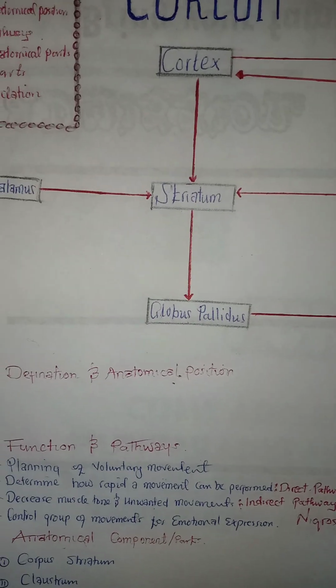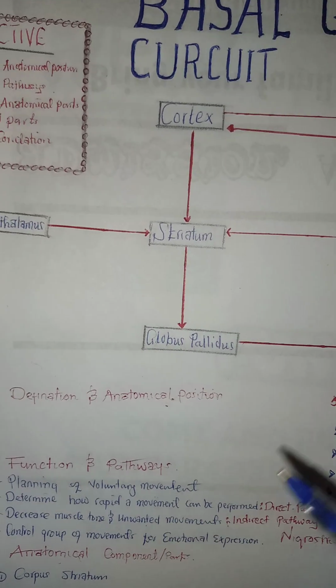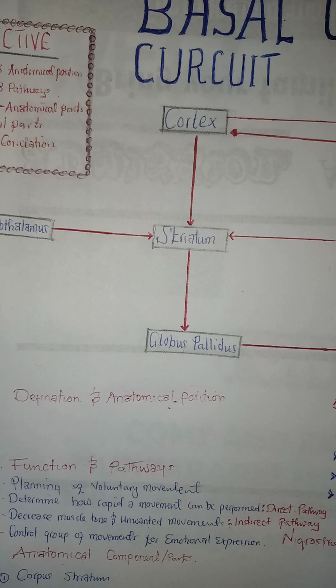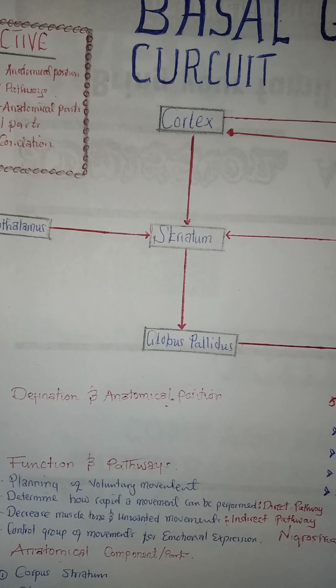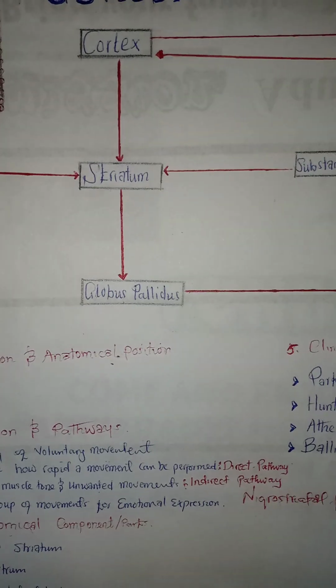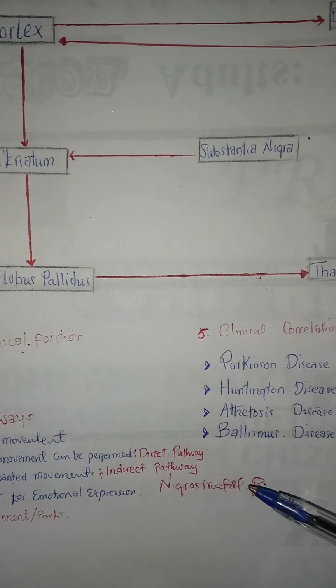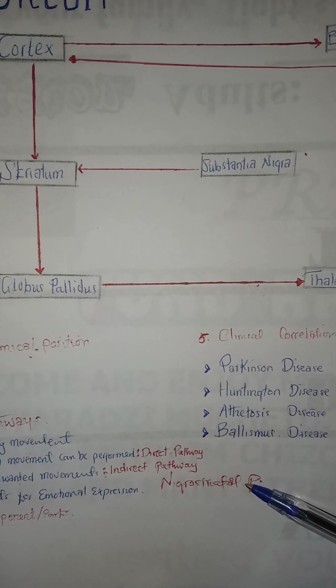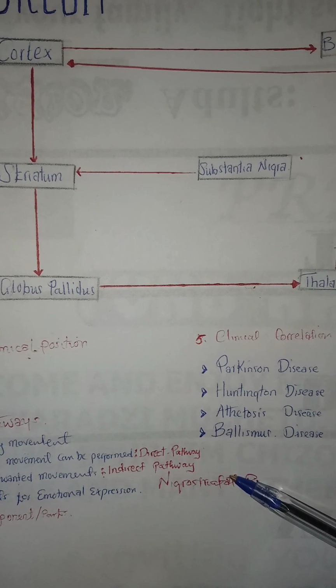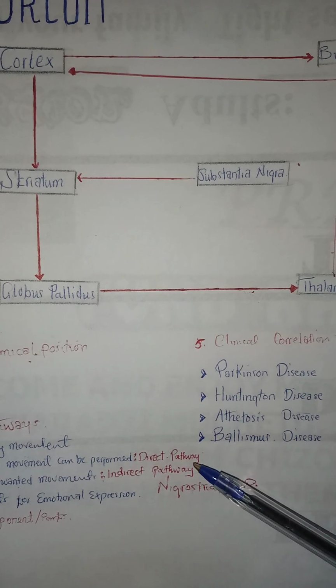Then the other function is that the basal ganglia is also involved in controlling groups of movement for emotion expression. And when talking about the nigrostriatal pathway, this pathway is involved in modulation of these two parts.